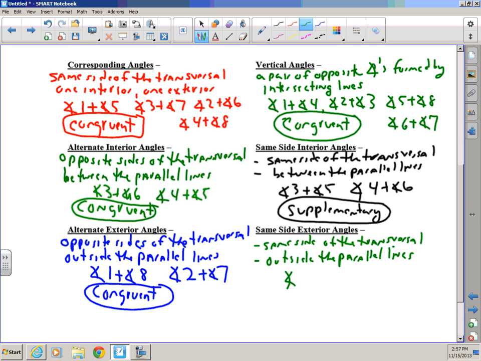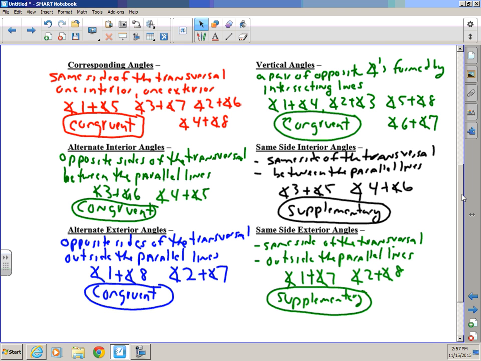Which ones fit that? 1 and 7, 2 and 8. And they are also supplementary. So if you are noticing, the only pairs that fit the supplementary definition are the ones that are labeled same side. So a trick to remember is same side supplementary, SSS.